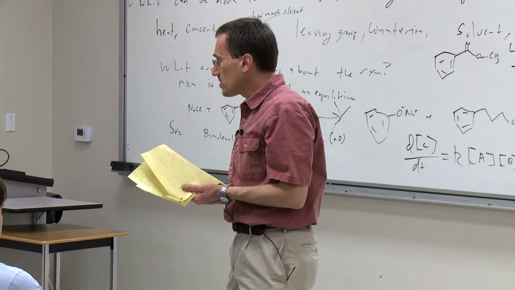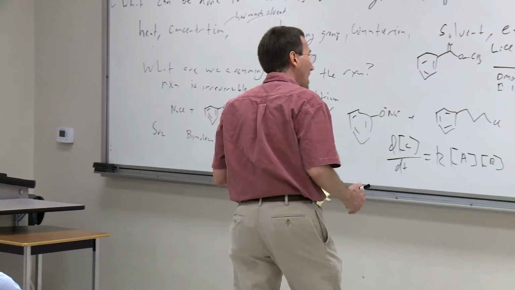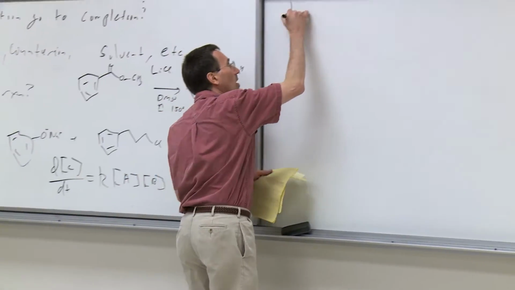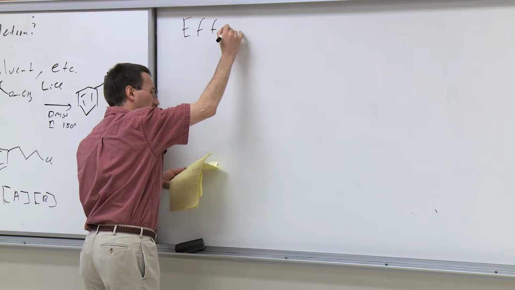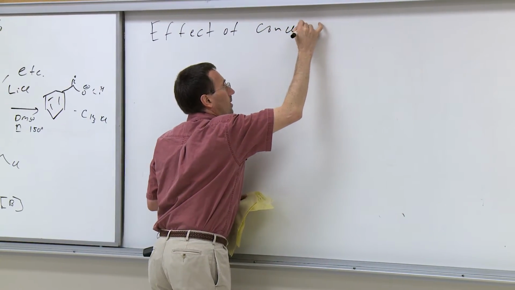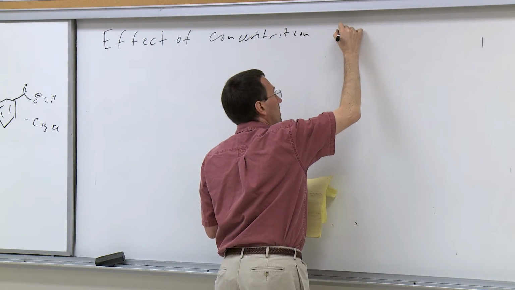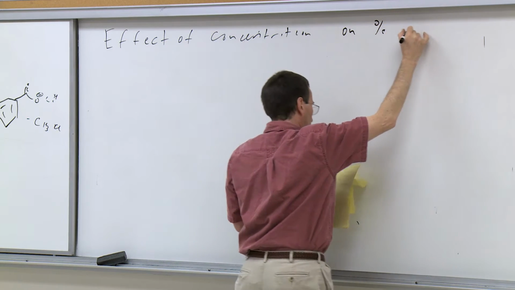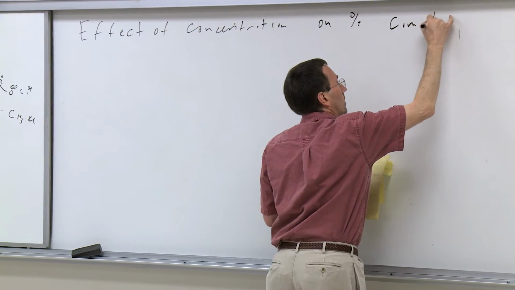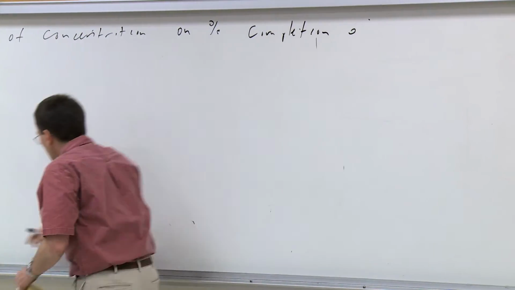And all of this, shall we say, book knowledge is really something that you want to keep in your head when you're in the laboratory. So I want to talk now about the effective concentration on the percent completion with bimolecular kinetics.